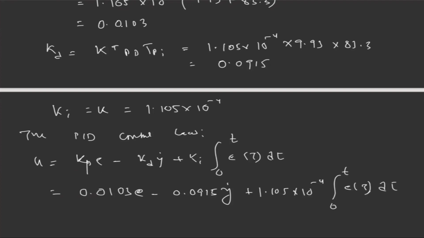Why is it y dot? Because we are assuming a step reference signal, and for that r dot will be 0. e dot we can write as r dot minus y dot. So since we are assuming a step signal, r dot will be 0, so it will be minus y dot.